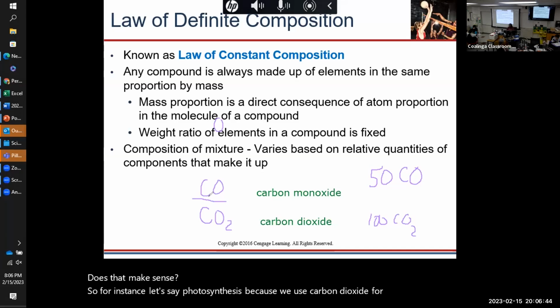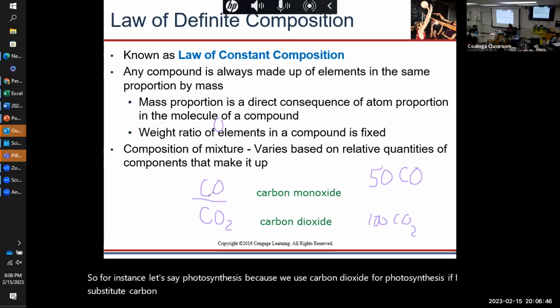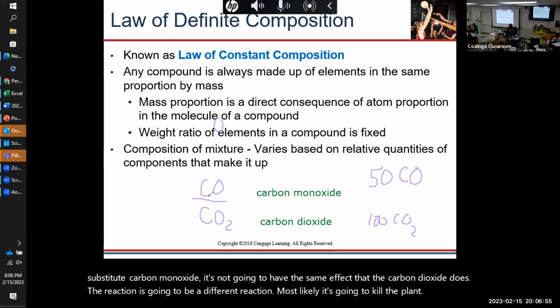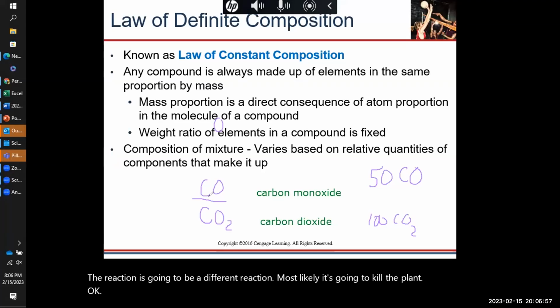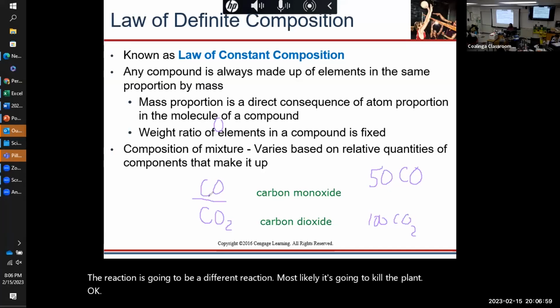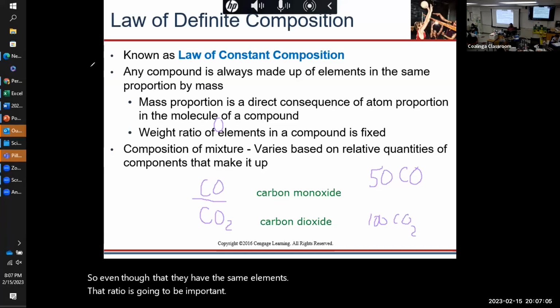If I substitute carbon monoxide, it's not going to have the same effect that the carbon dioxide does. The reaction is going to be a different reaction. Most likely it's going to kill the plant. Okay. So even though they have the same elements, that ratio is going to be important. Okay.